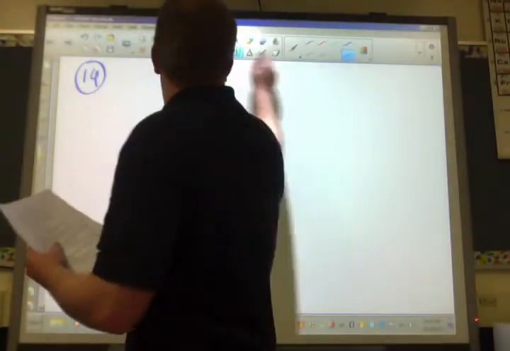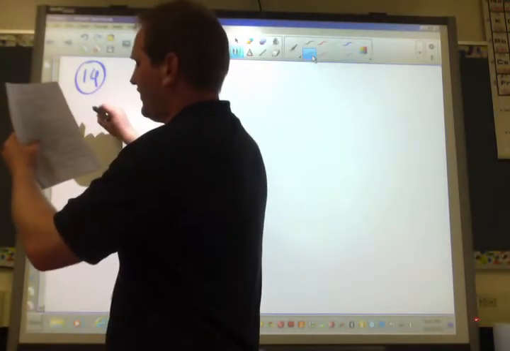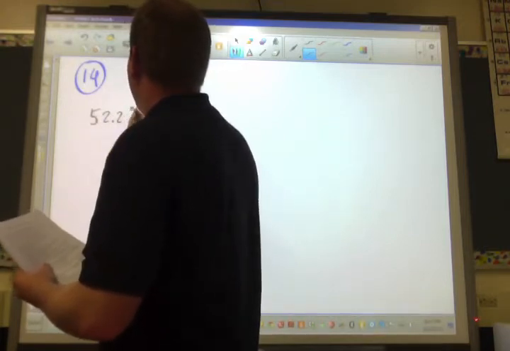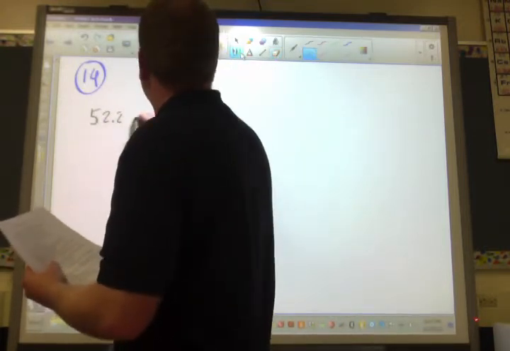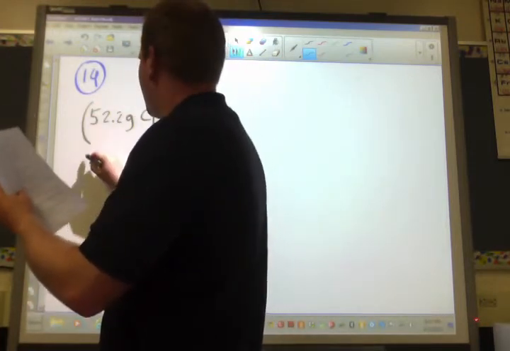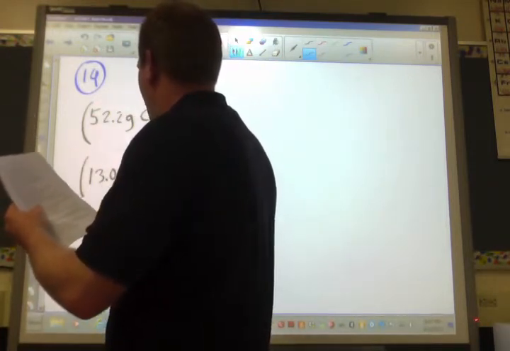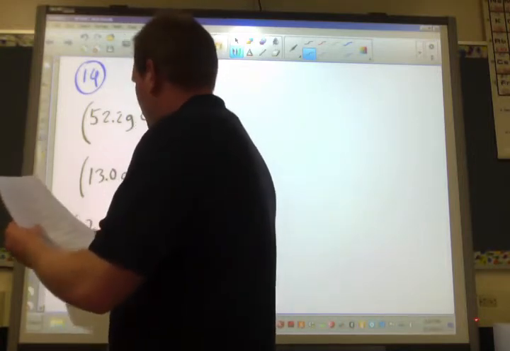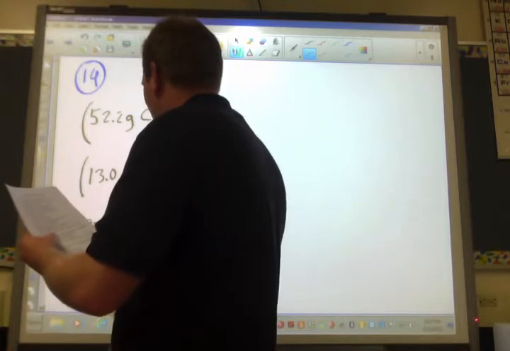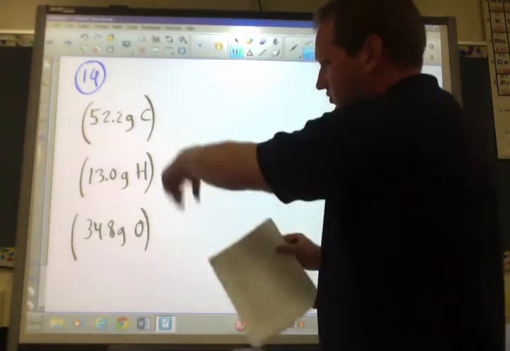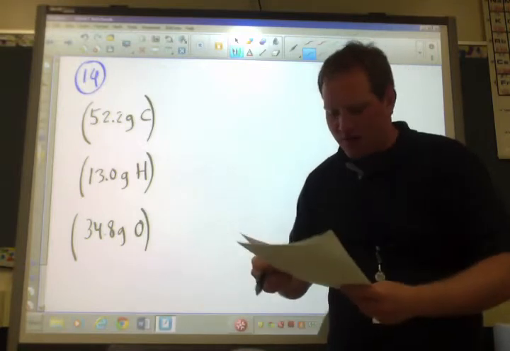So, if it has a mass of 100 grams and it's 52.2% carbon, we would assume 52.2 grams of carbon, and we're going to assume 13.0 grams of hydrogen, and 34.8 grams of oxygen. Again, I just turn the percentages into the grams here, assuming 100 grams.